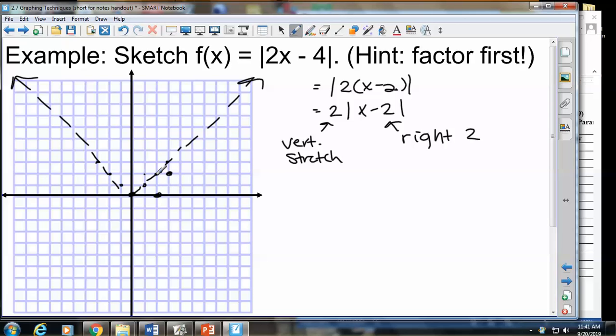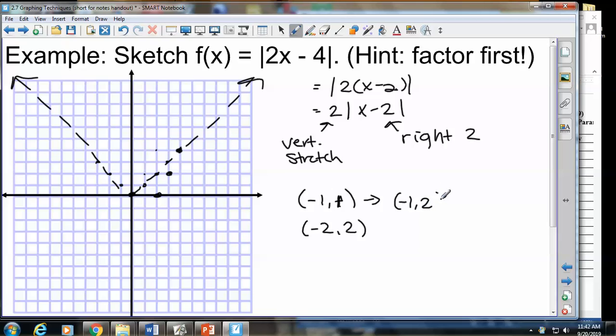Okay, if you look at the point 2, 2, it has a y value of 2. 2 times 2 is 4, and then right 2. Okay, see how I'm getting these? If you need to, write out your points. Now I'm getting ready to do the negatives.